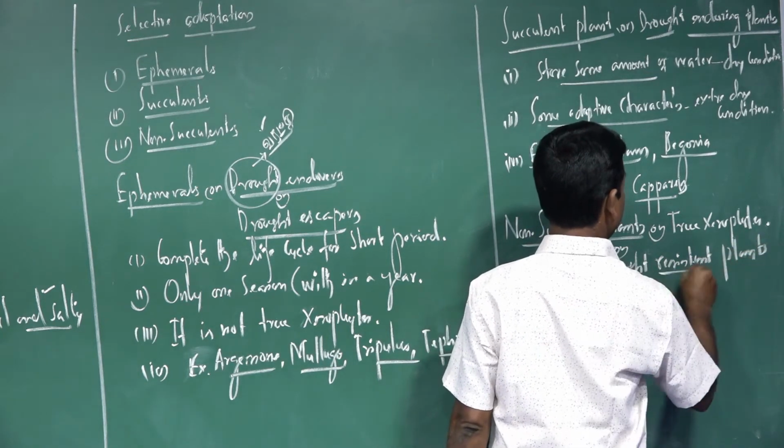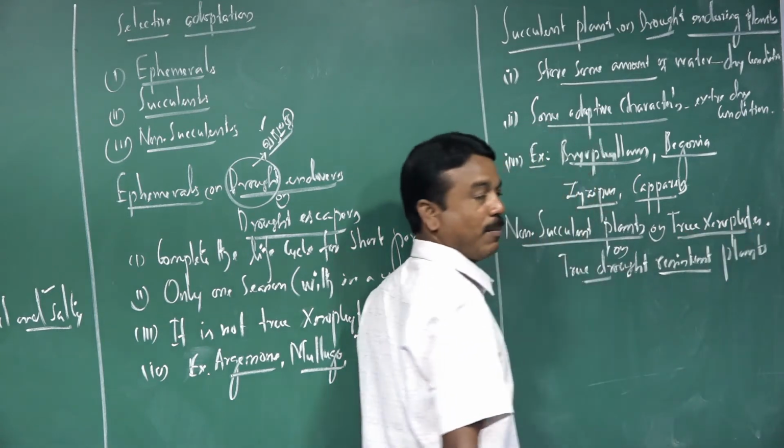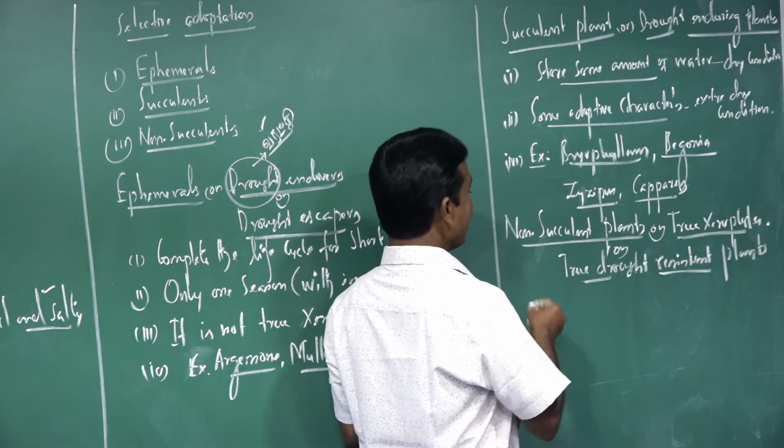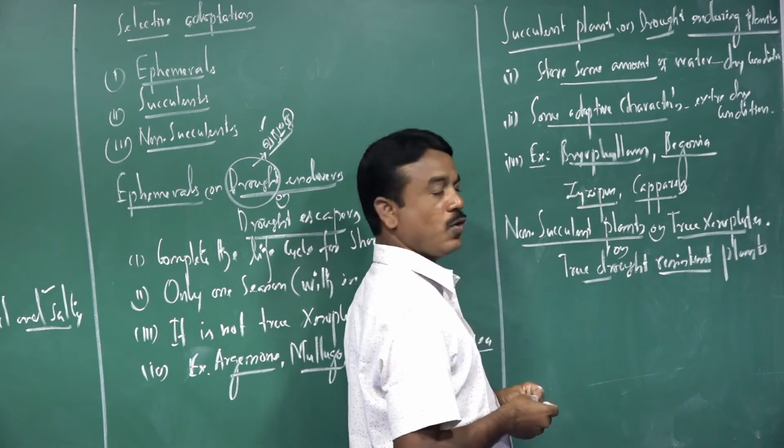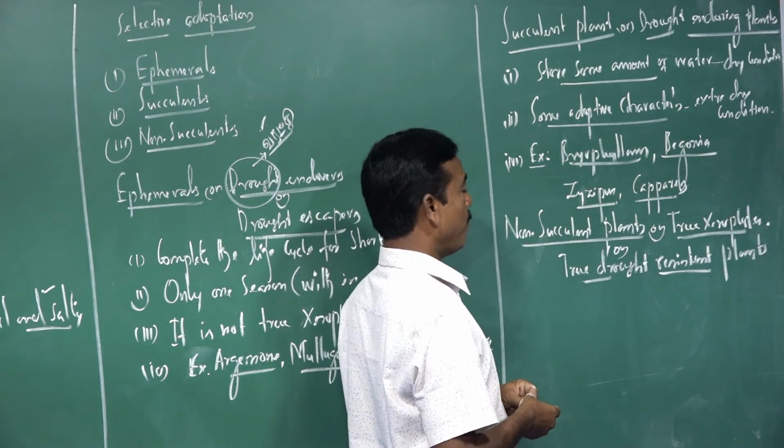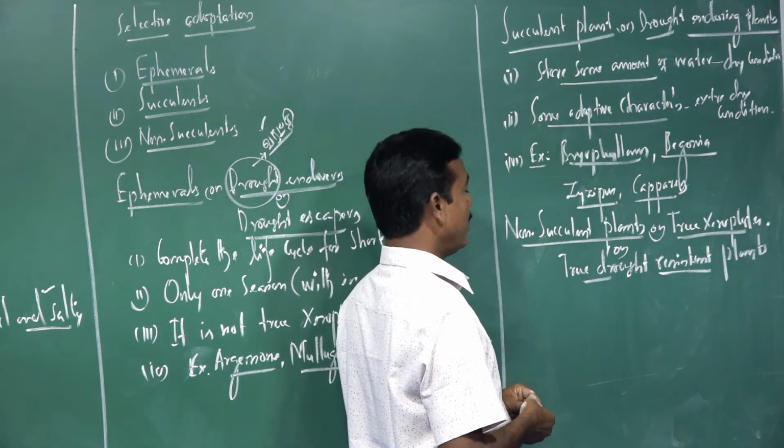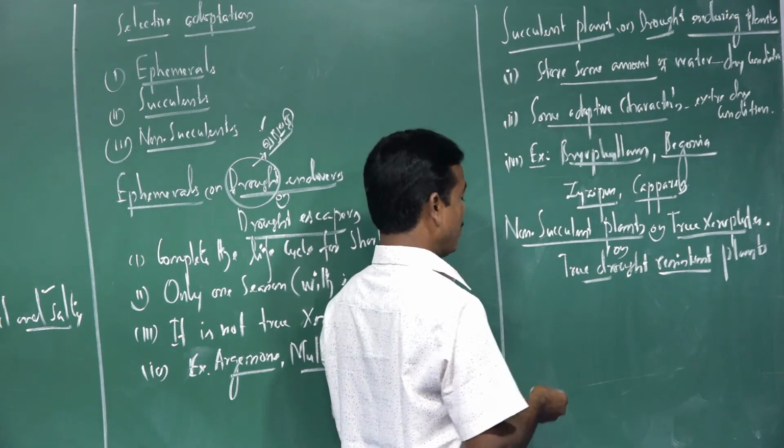There are many kinds of subspecies available. What characteristic features are found in non-succulent xerophytes, the true drought resistant plants? First one.